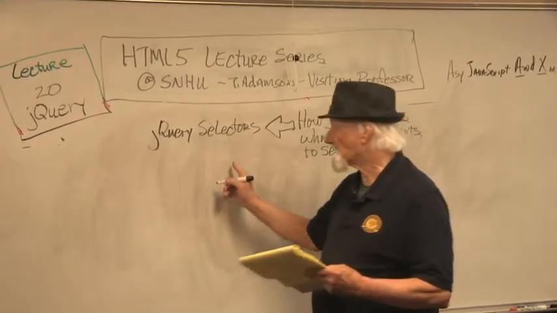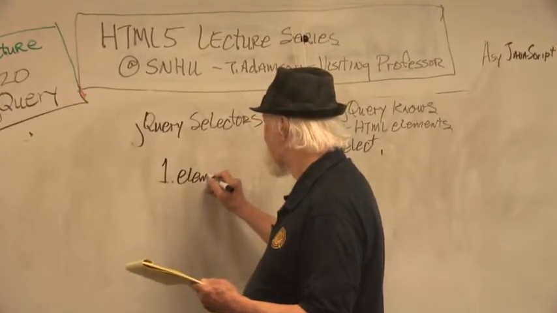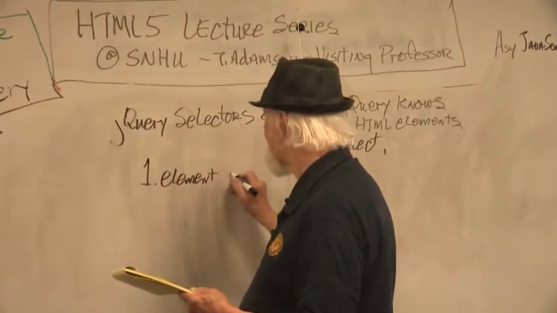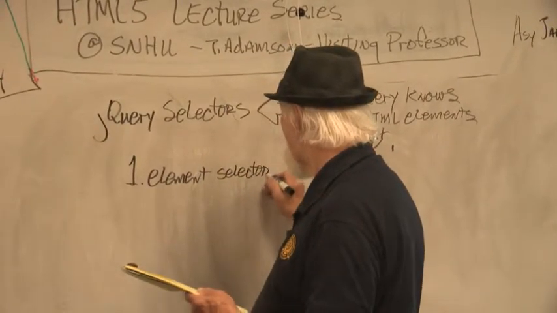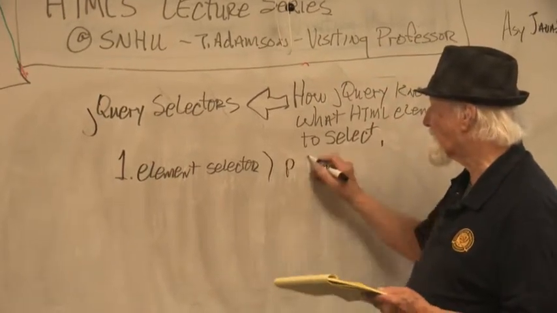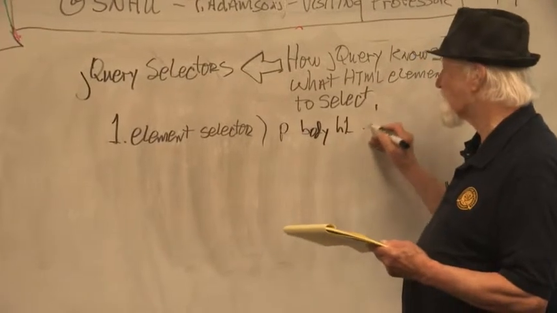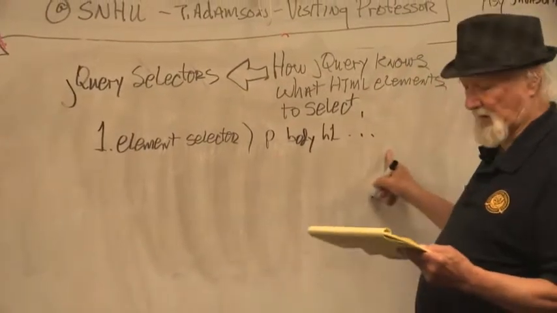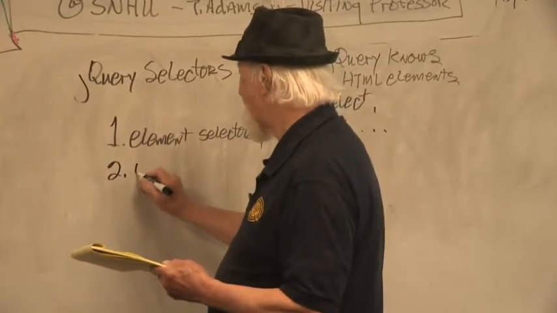So one of the first selectors we have are the elements. An element selector. And if you recall what an element selector was, that might be P for paragraph, body for body, H1 for the H1 element, and so on. So that's an element selector. The other kind that I have is an ID selector.